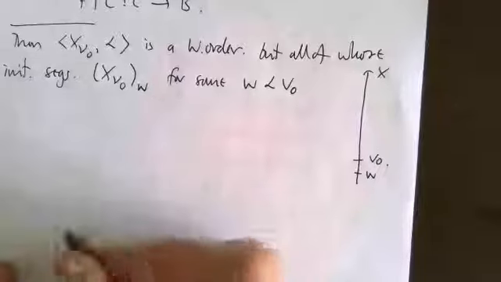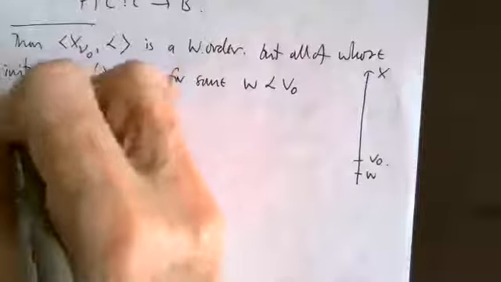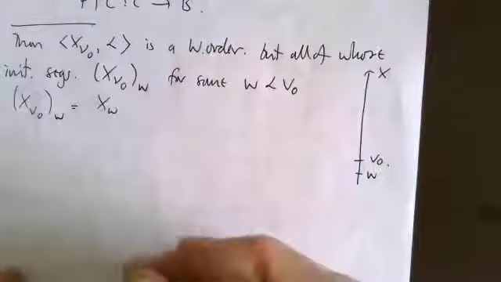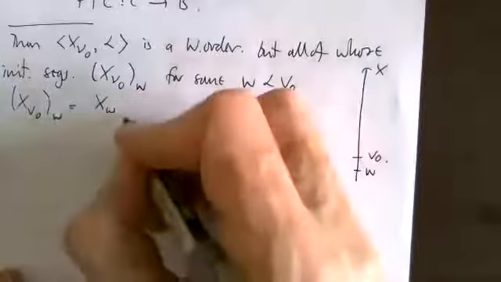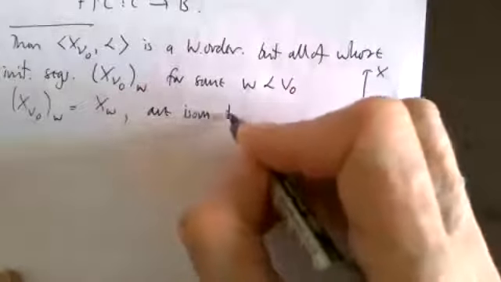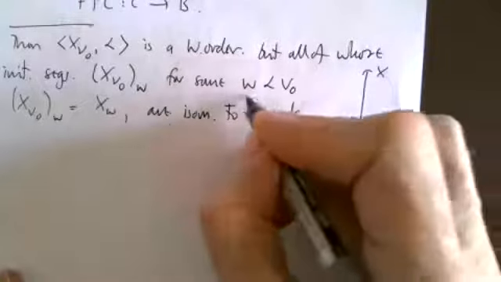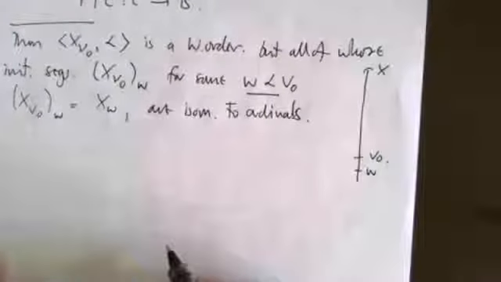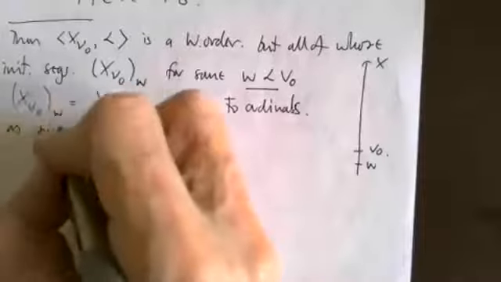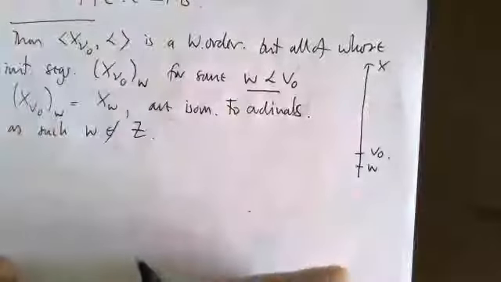These guys are all isomorphic to ordinals. And X below W, this is just the stuff below W here, right? These are isomorphic to ordinals, because W is less than V0. So such W are not in Z here.